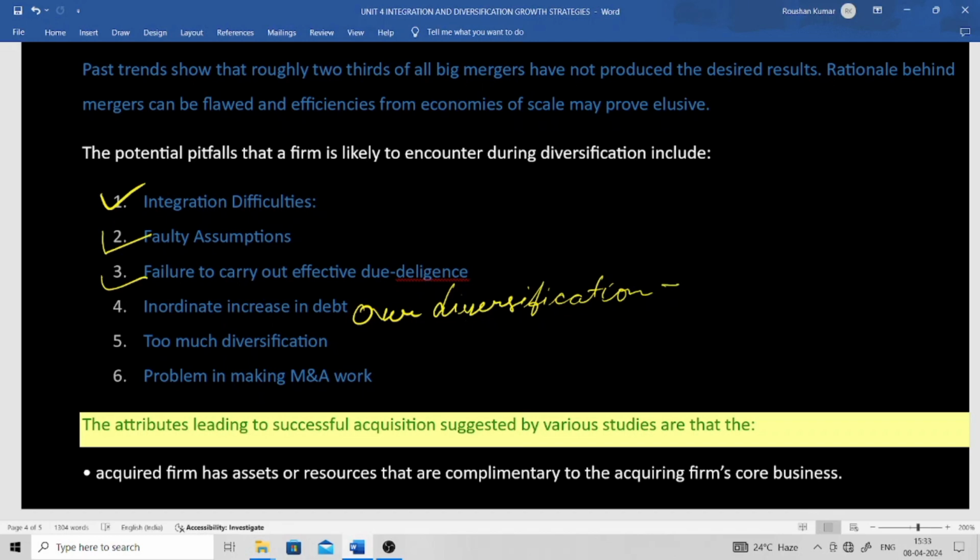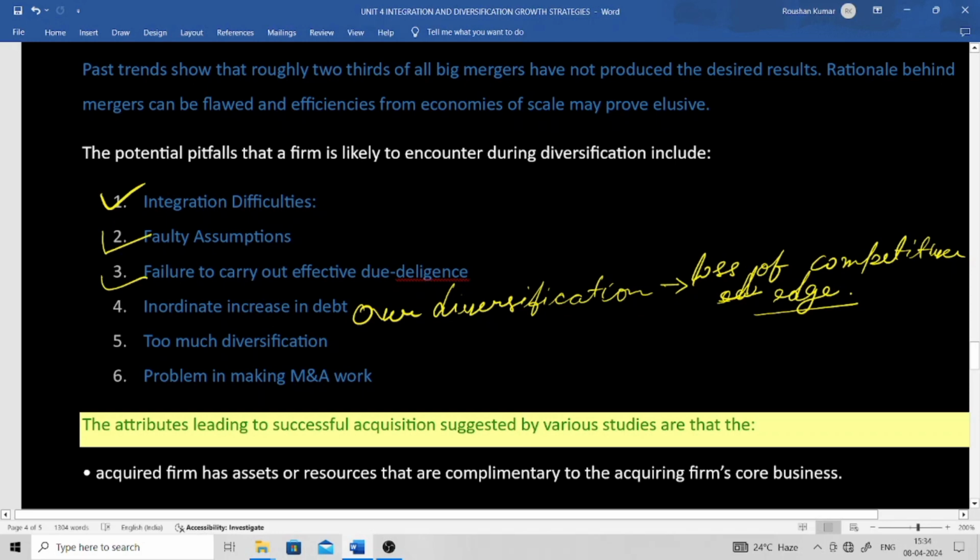So over diversification may cause loss of competitive edge.